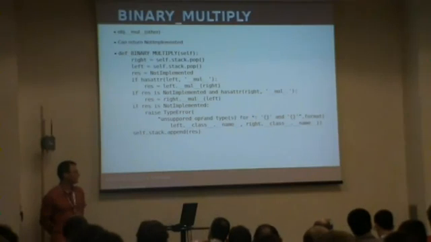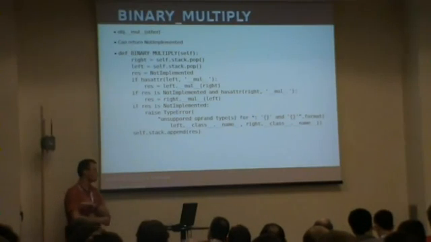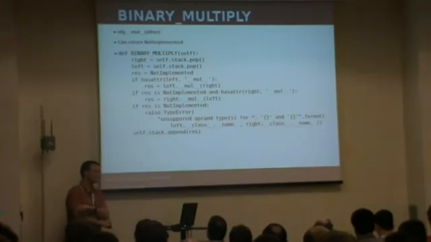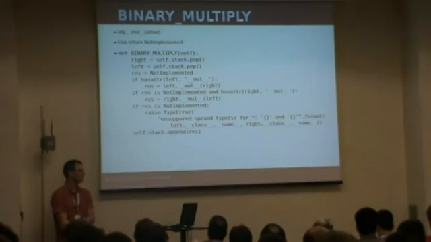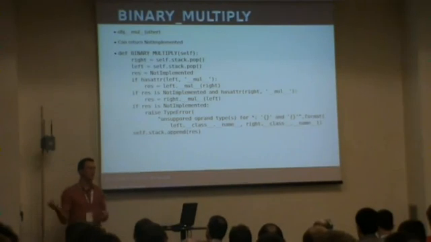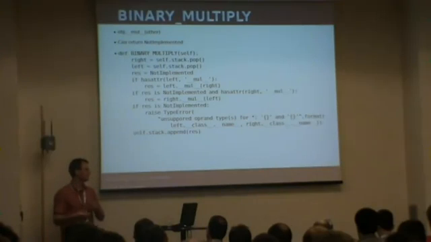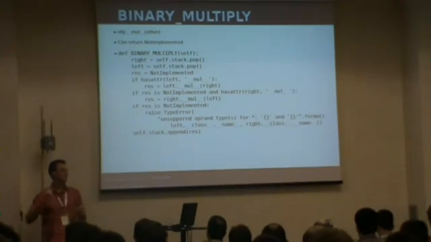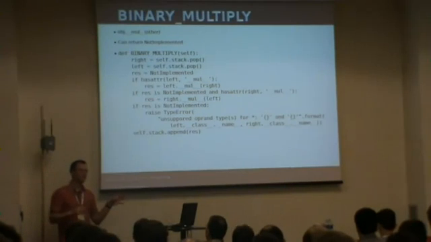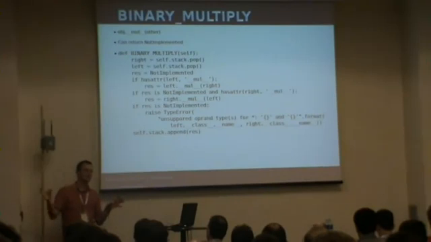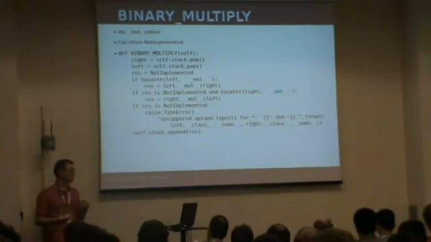Binary multiply. Most binary operators work very similarly. If you remember the object protocol in Python, multiply can be implemented in Python itself. So you need to look up the __mul__ operator, which is generally called on the left-hand object with the right-hand one, so that it can have a go and return a value.